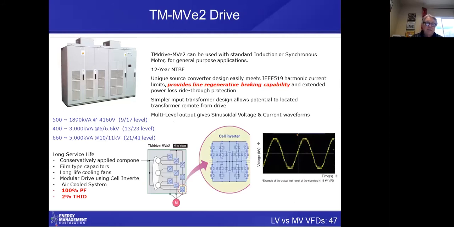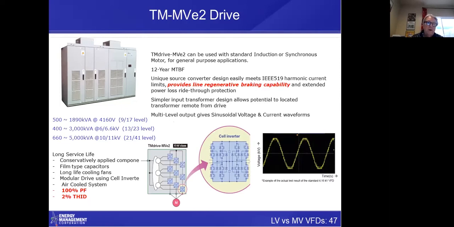By contrast, this again is the medium voltage drive that we've been talking about. If you look in the lower left-hand corner, I told you that most drives are over 95% power factor. This has 100% power factor. And in fact, you can even tell this drive to produce leading VARs if you want, and actually correct power factor in the rest of your power distribution system. Amazing.